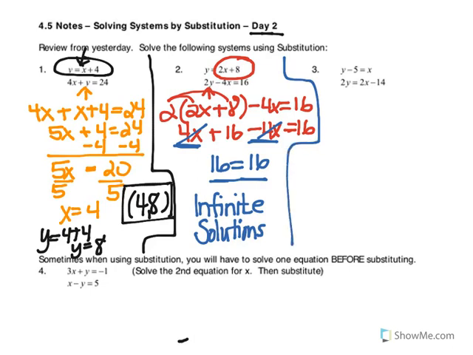Okay, let's do number 3. On number 3, we have y minus 5 equals x. So this x has been isolated, and we see that it equals y minus 5. So let's take that y minus 5 and we're going to plug it in for this x right here.